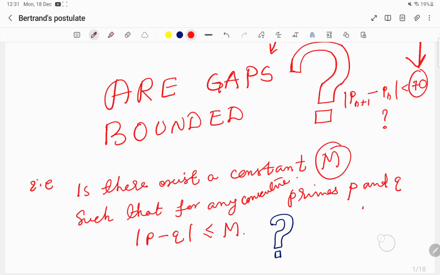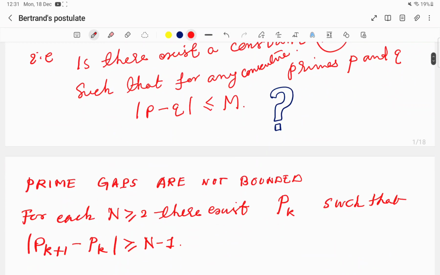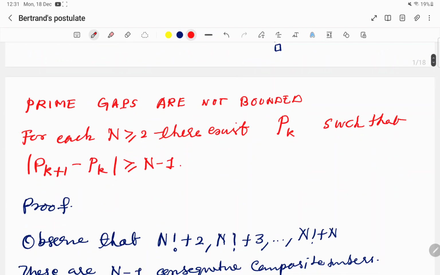If you have an arbitrary gap, I mean, you take a prime from here, you take a prime from somewhere else, then those gaps are always unbounded. But the question is whether consecutive gaps are bounded or not, right? It is a negative answer. Prime gaps are not bounded; I mean, these consecutive gaps are not bounded. So here we have a result.